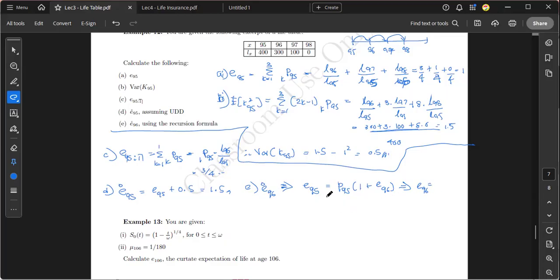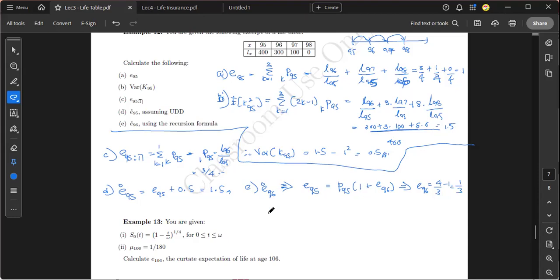We know e95 is 1, and this one is 300 over 400, which means now it should be 4 over 3 minus 1, and this will give us 1 over 3.